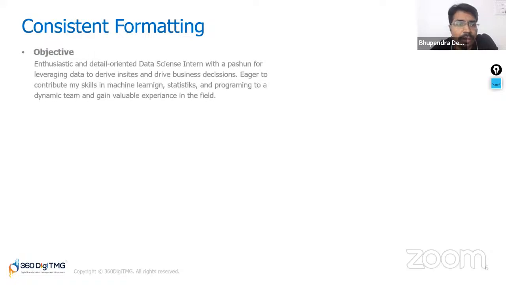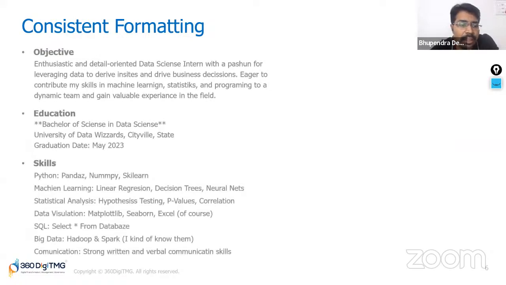So, see this. This is part of a data scientist's resume. Here, we know this is bad formatting. This is an example of really bad formatting. See this: enthusiastic and detail-oriented data science intern. Science is spelled wrong. With a passion for leveraging data.